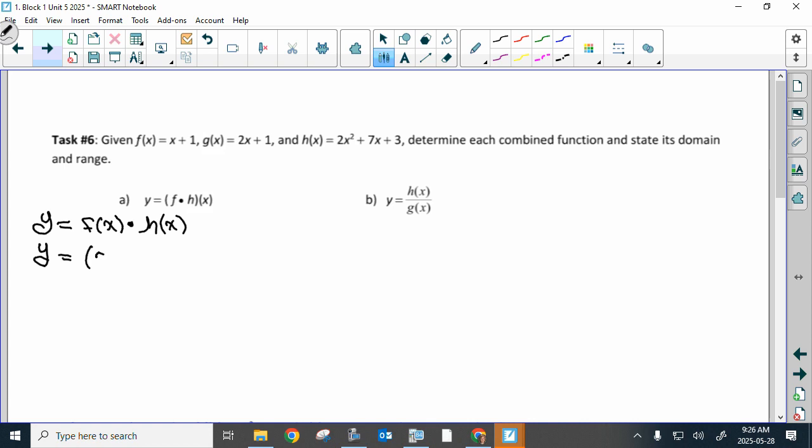F of x would be x plus 1 times 2x squared plus 7x plus 3. This would be fair game for distribution, okay? So if I'm going to find my new function, I've got to take the x through every term. You would have done this in grade 10.